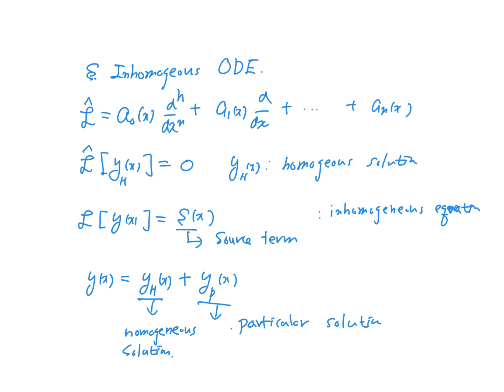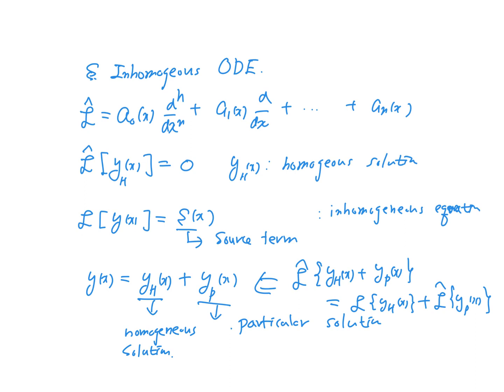Because this is still 0, right? Because y_h started as a homogeneous solution, if you apply L to it, this actually came from this.